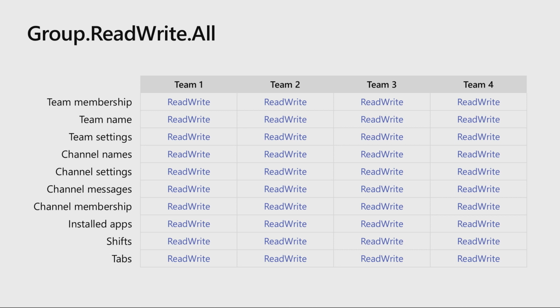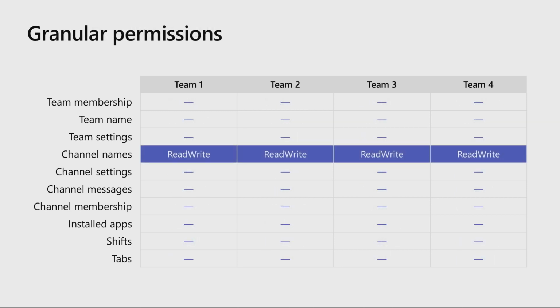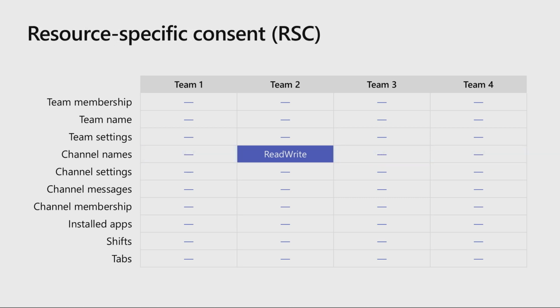Whereas by leveraging the granular permissions, they can be very specific: if the app needs access to the channel names, the app would get access to the channel names across all the teams. Now with RSC specific permissions, that access is further limited to a very specific team.